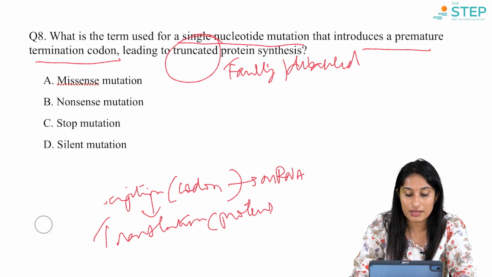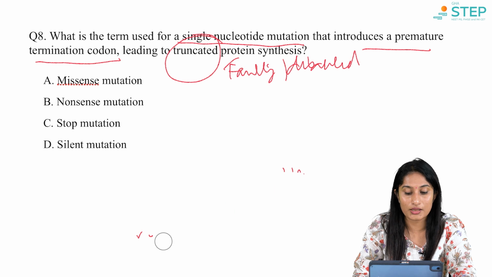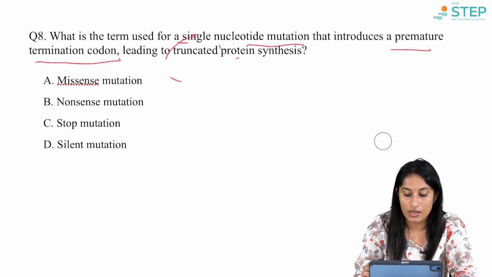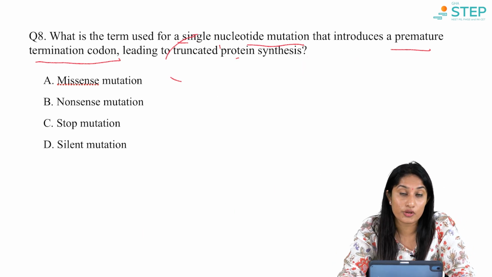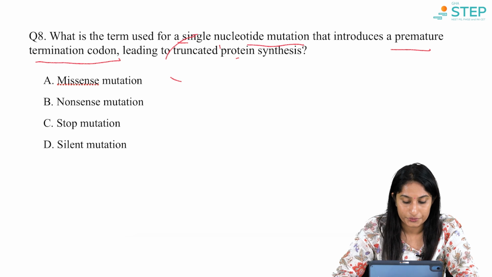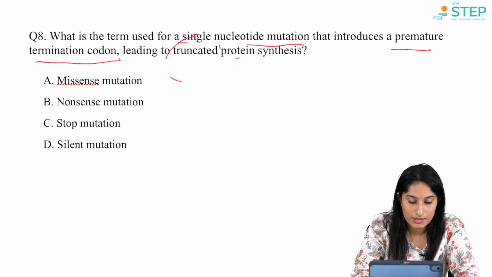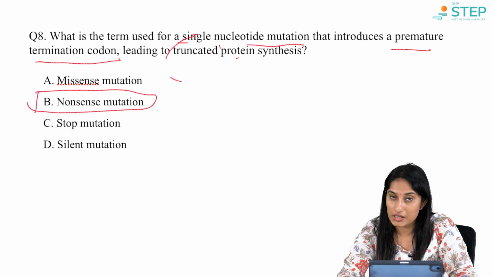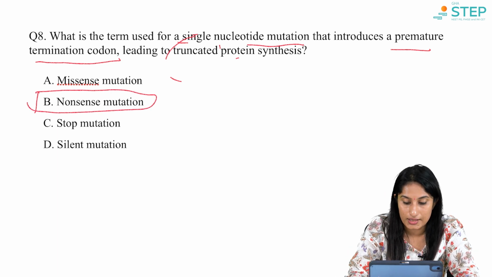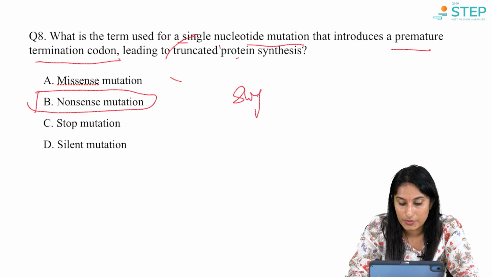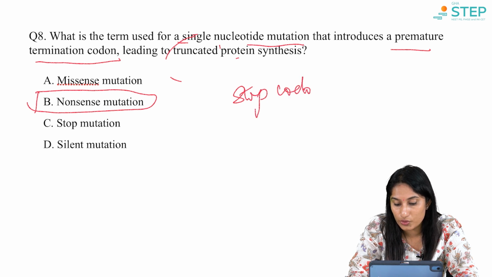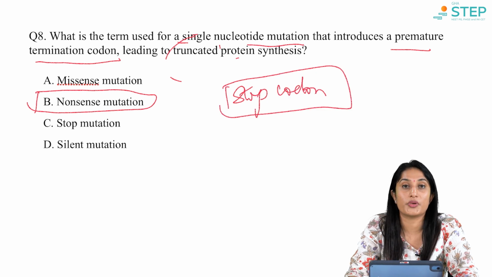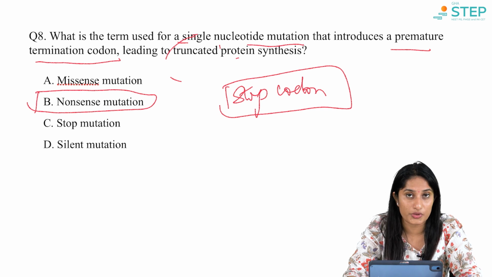The question they are asking is, what is the mutation that has occurred due to this single nucleotide change? So the correct answer here would be nonsense mutation. Yes, so what do we mean by nonsense mutation? When the mRNA is being read, a stop codon has come into the picture.